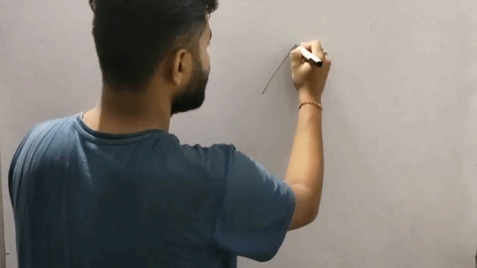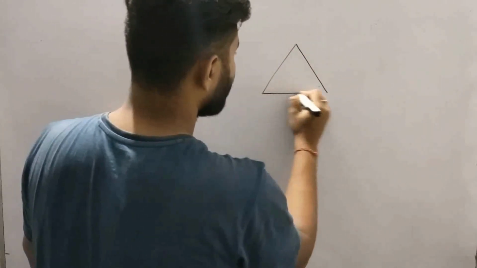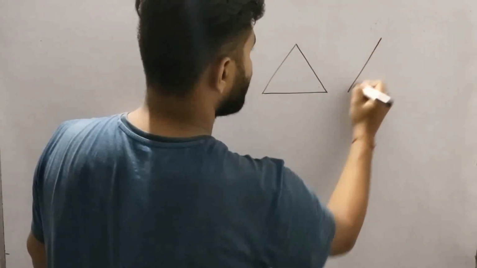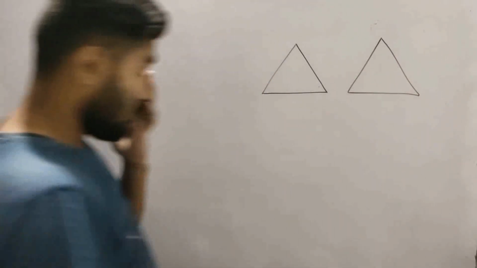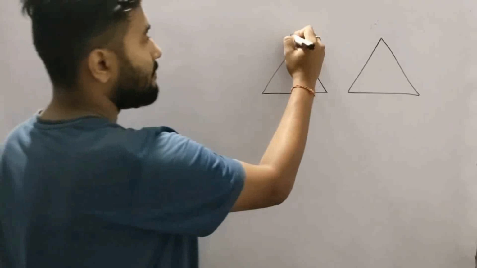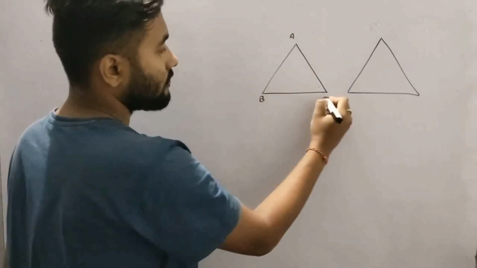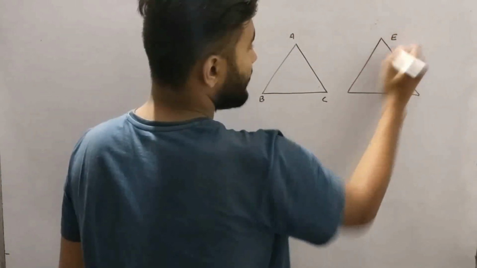What are the two triangles? ABC and triangle EFG. Okay, so say this is ABC and this is EFG.